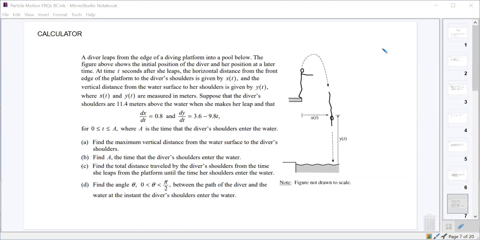To find a vertical maximum, we should just be setting our dy dt value right here equal to 0 to figure out at what t value that happens.